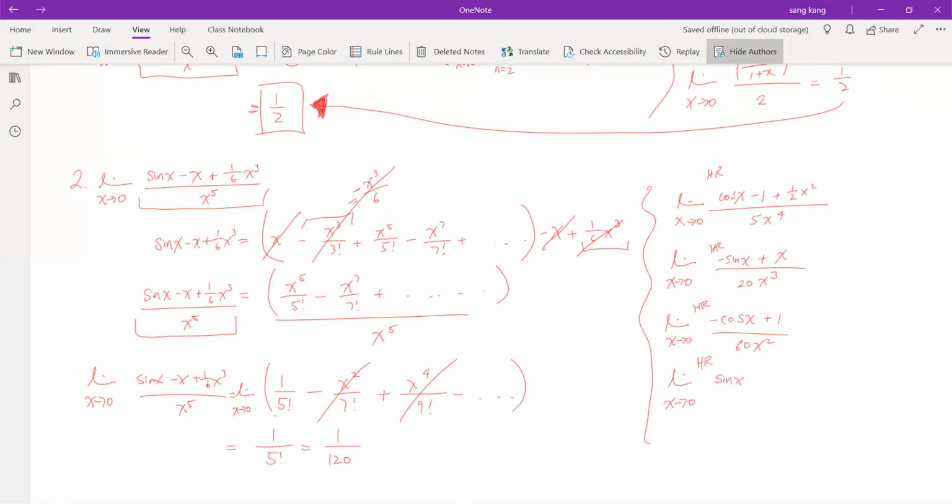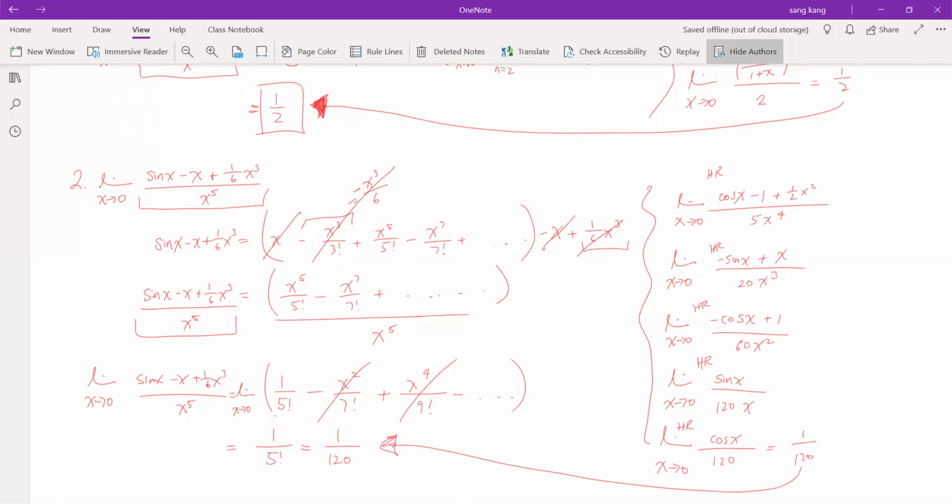Back to sine over 120x. Still 0 over 0. All right, I promise this will eventually end. So last time it looks like we'll have cosine of x over 120. So now we have 1 over 120, which matches our answer here.